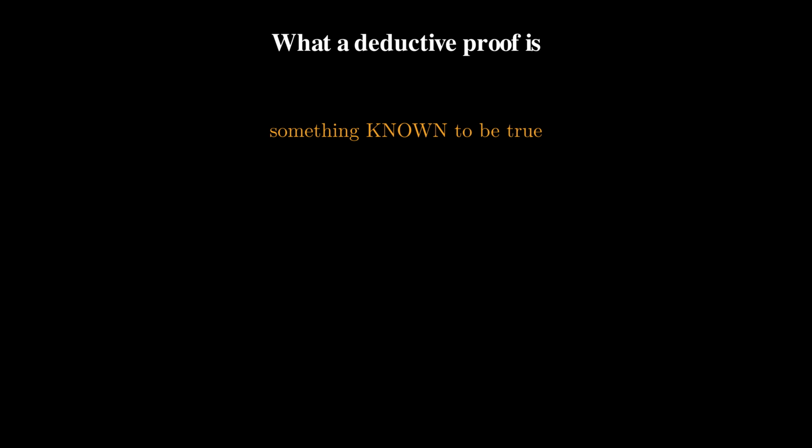Before we prove anything, what actually is a proof? A deductive proof is a chain of logic. You start from something already known to be true, a definition or algebra you can trust, and you take valid step after valid step until you arrive at the target statement. Each arrow is a move nobody could argue with.